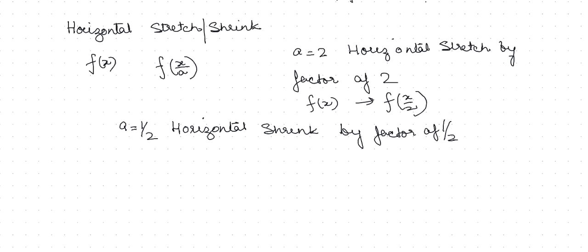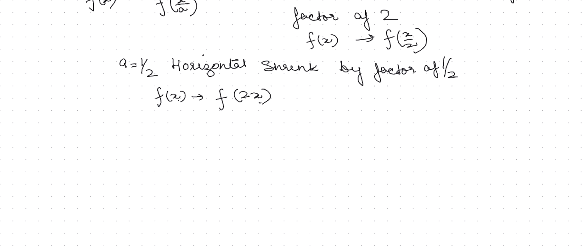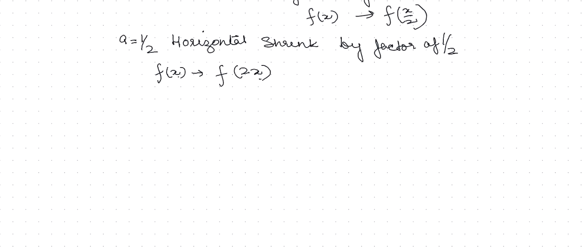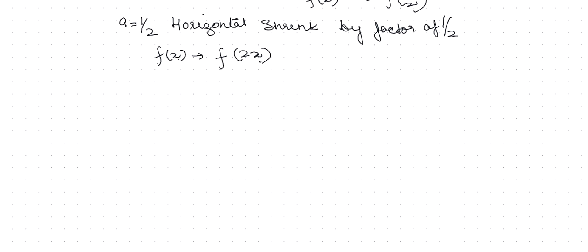Then f(x) would become f(2x). So x is replaced by 2x. Only x is replaced, whereas in vertical, we multiply the whole function f(x).